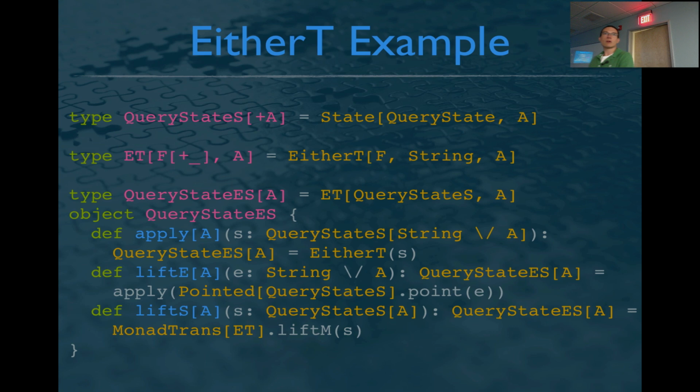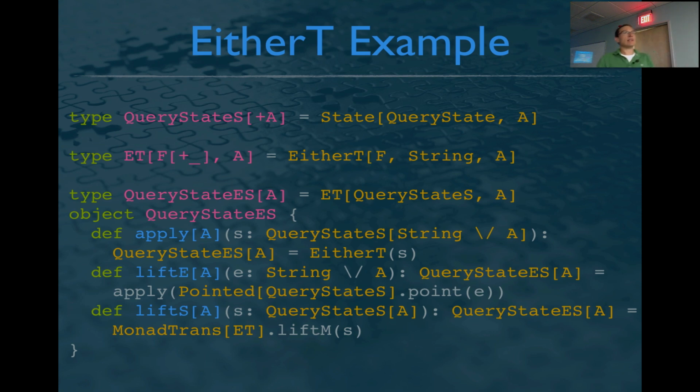And then any place where inferencing might fail, I can just use QueryStateES to construct EitherT with the right type parameters. But anyway, QueryStateES apply is just lifting the QueryState left or right into an EitherT.